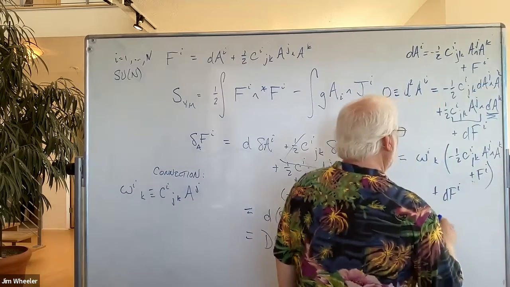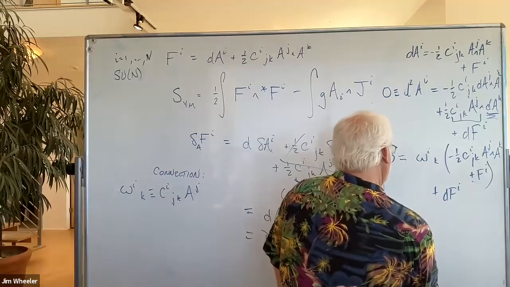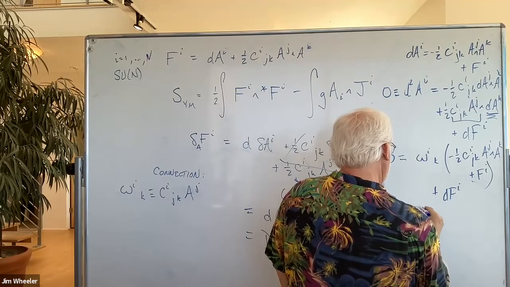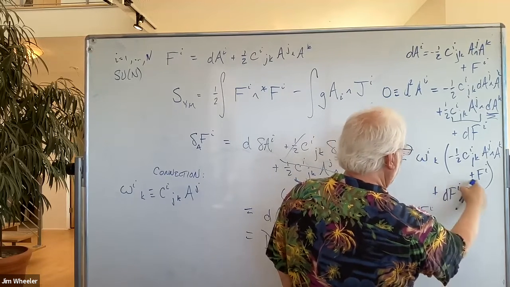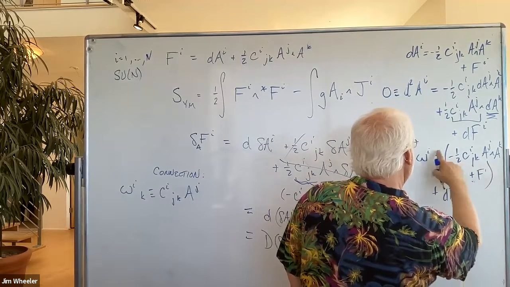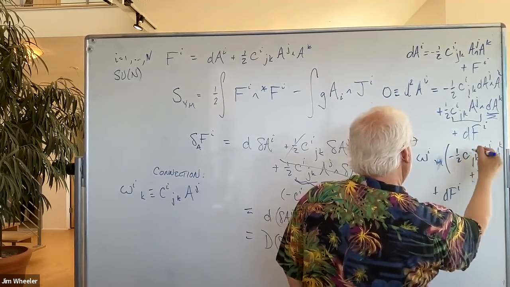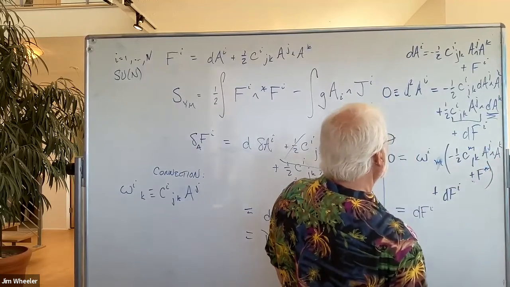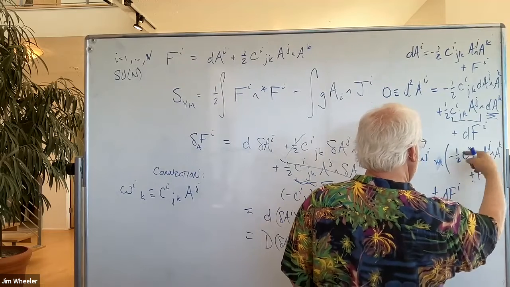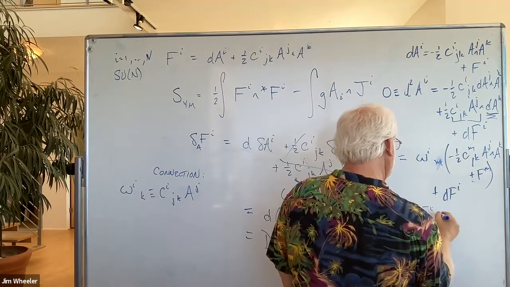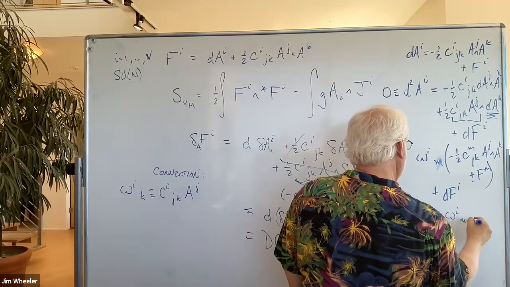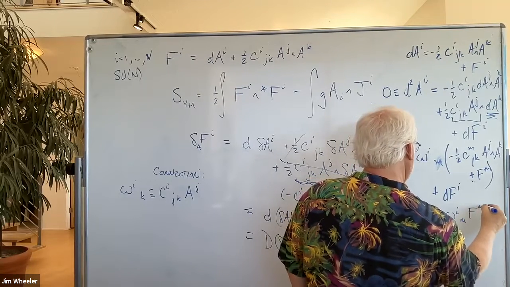Now, there are three terms here. I have a dFi, then I have, sorry, this omega ik, better make it m here, that was summed on dAk. Yeah, I need to change the index to get that right. So plus omega im Fm.